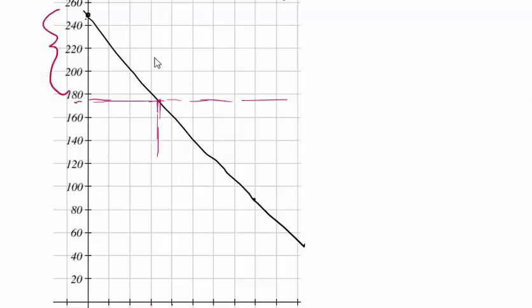So this region is the region we're concerned about when the amount remaining is greater than 175 gallons, and so that's above this horizontal line. And so that would be when the number of weeks is less than this value. But again, round, and we get the number of weeks is less than 8.